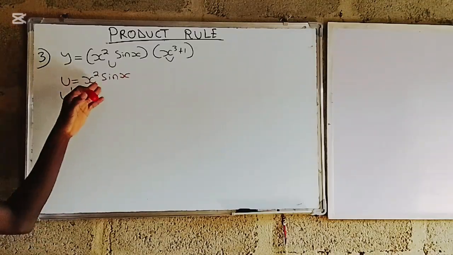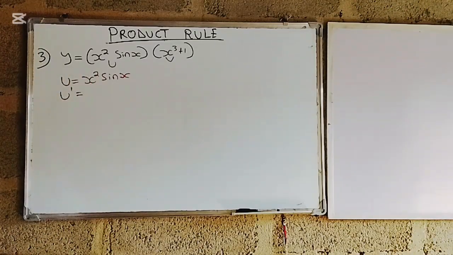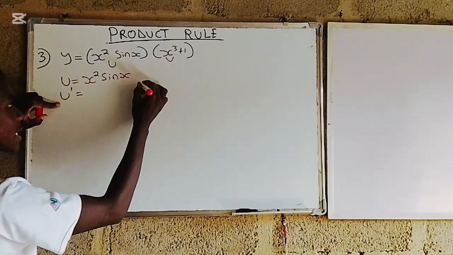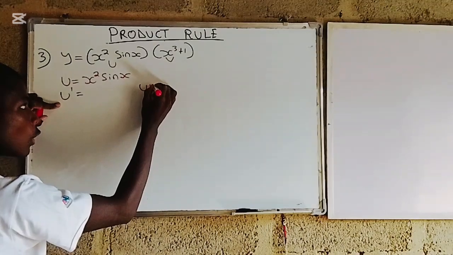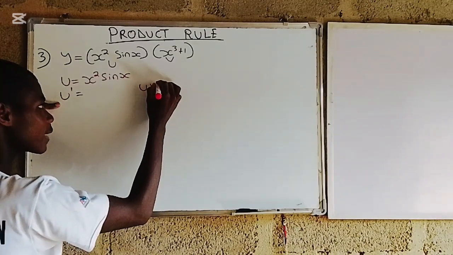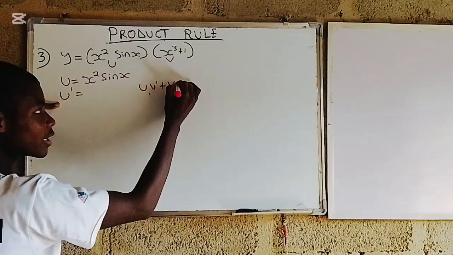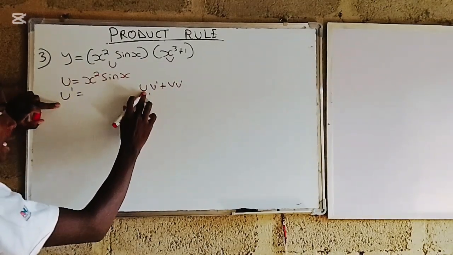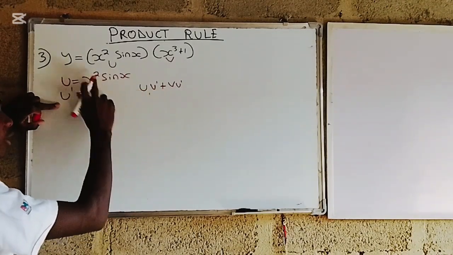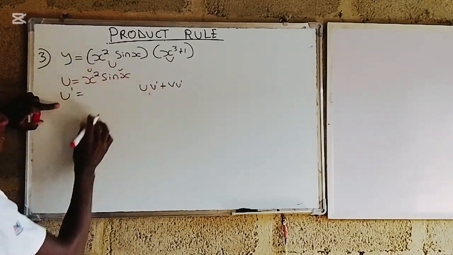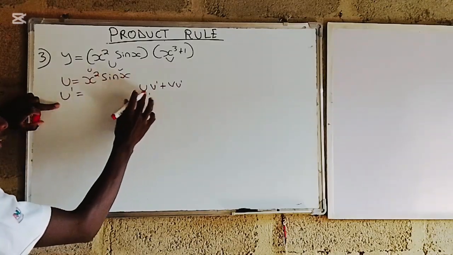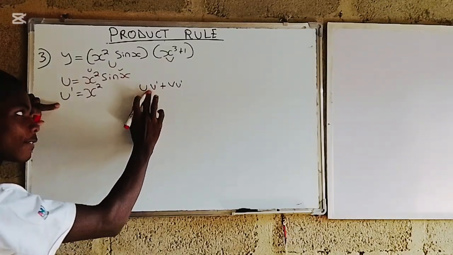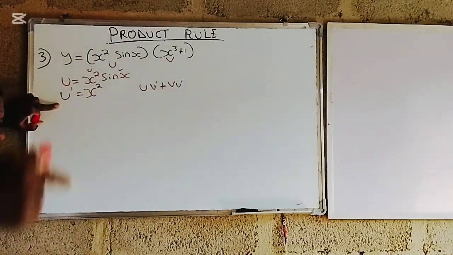But again, to differentiate this u, it is also a product rule. So let's say this should now be u. The product rule says that u v prime plus v u prime. So the next thing to do is that I have to keep down the value of u. What is the value of u? Let's say this to be u and this to be v. The value of this u, which is x squared, times v prime, the derivative of v.